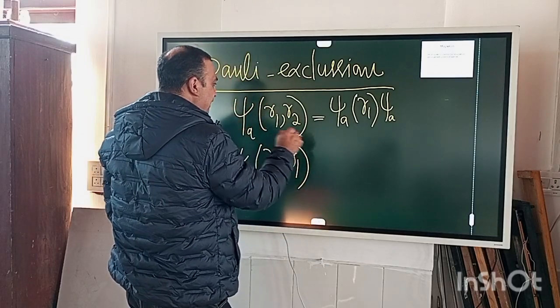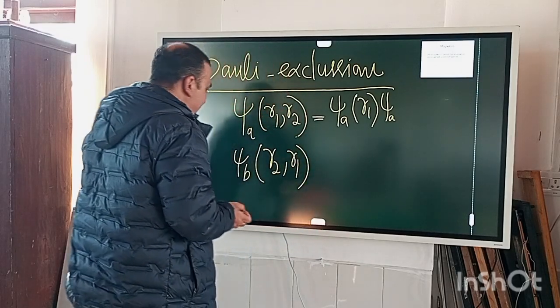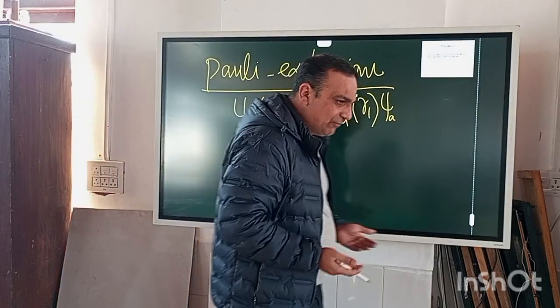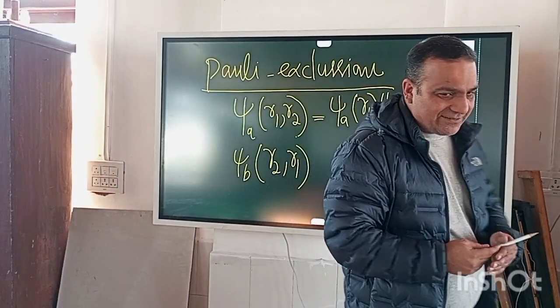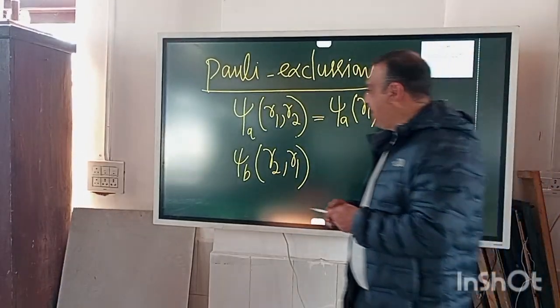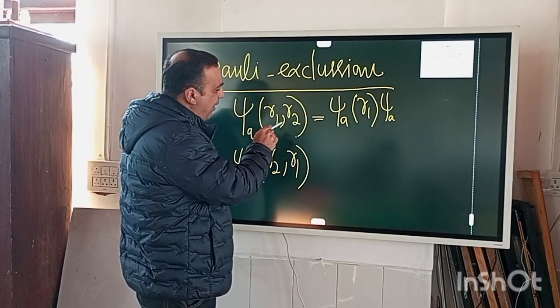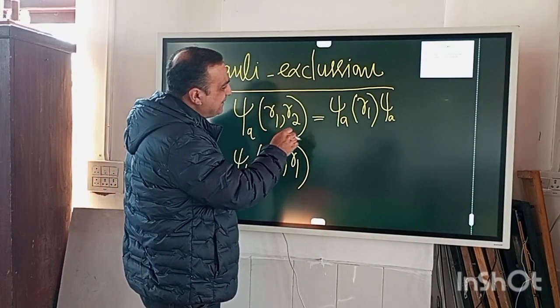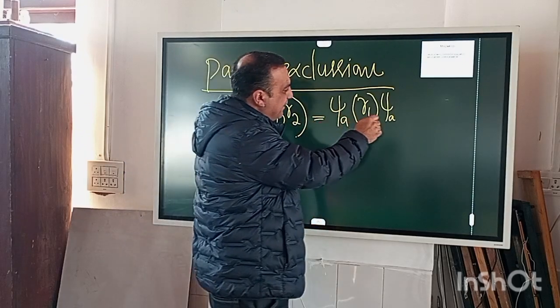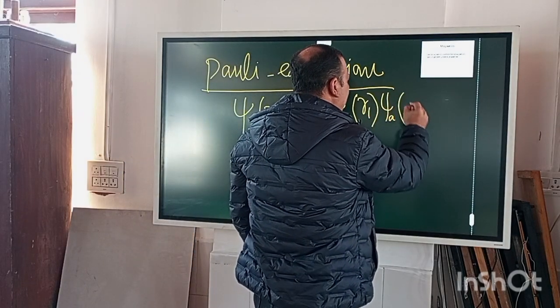So I have two particles, and I try to write down these particles as a quantum state, psi of A with particle 1 at R1 and R2. These are all probabilities, psi A R1 and psi A R2.